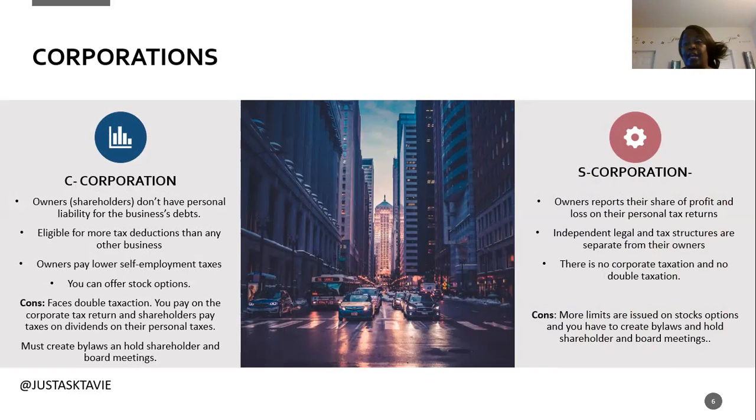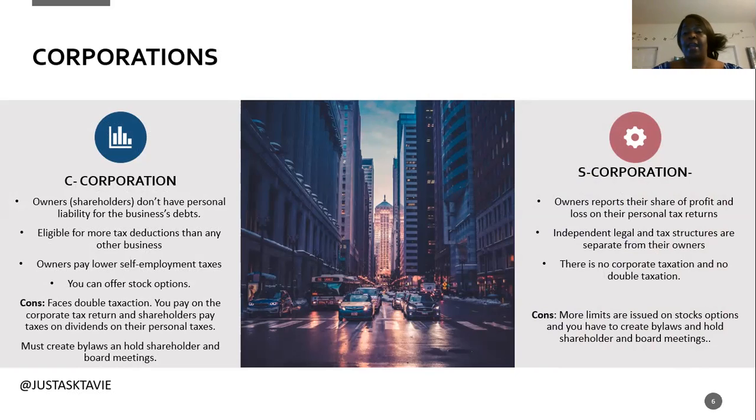So if you decide to hire employees, you can also offer stock options. That's a good thing to help build up your finances in that area. The cons about opening up a C corporation is sometimes you face double taxation. You pay on the corporate tax return, and shareholders pay taxes on dividends on their personal taxes. Each year you have to create bylaws and hold shareholder meetings and make sure that you have your paperwork in order.